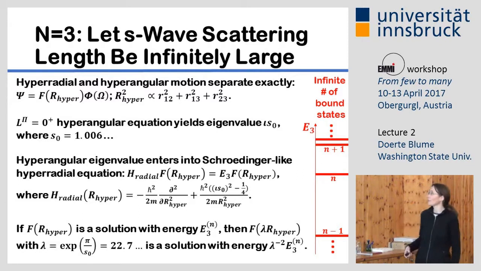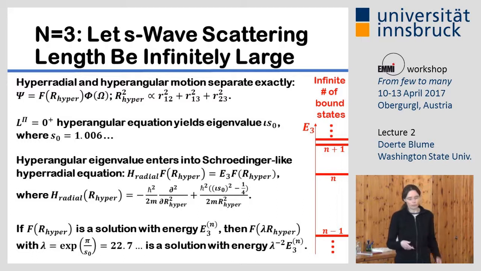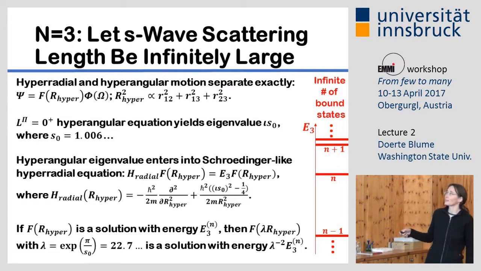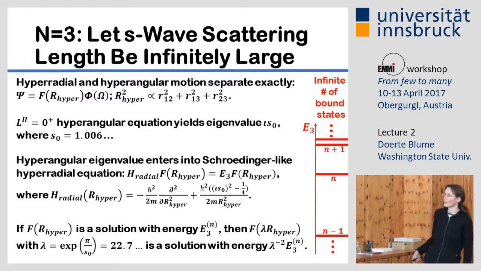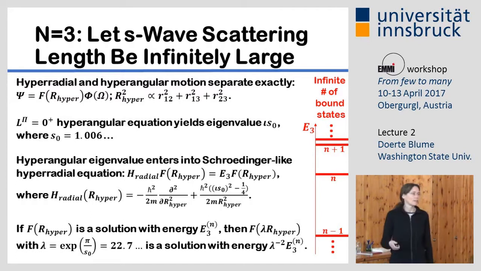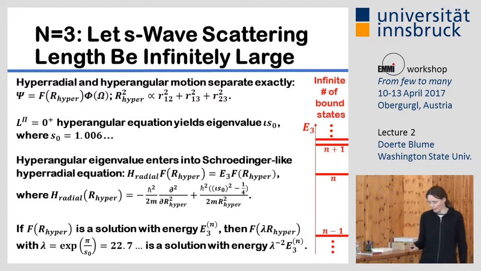That's about 515. So this is the picture that emerges within a zero-range framework for three identical bosons with infinitely large S-wave scattering lengths. We have this infinite ladder of states where the energies are spaced by a factor of 515, and the size of the system increases by a factor of 22.7 as we go up in energy.